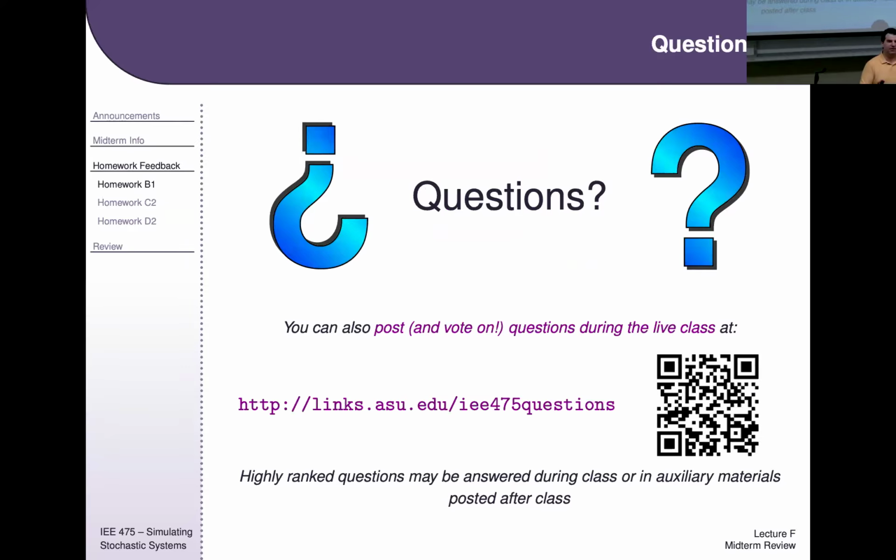So any questions about those fundamentals from homework B1? Terminology, hand simulation. It is reasonable that I could ask questions like, as you can see in previous midterms, I'll do things like saying, well, what if we had two servers? If we had two servers and not one server in the checkout line, then how might the FEL change?